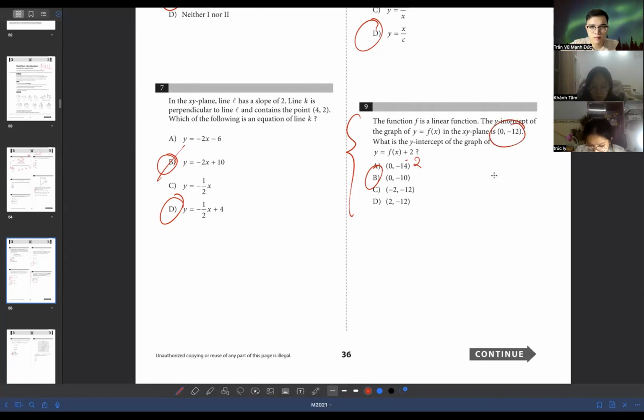And it also mentioned that the intercept of f(x) is (0, minus 12). Therefore, the solution will be minus 2 plus 2 equals minus 10. Exactly. All right, so if I subtract 2, how would the graph shift? The graph will go down 2 units. All right, it would go down 2 units.